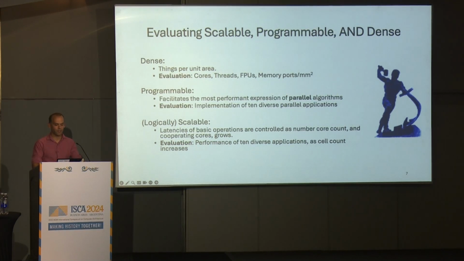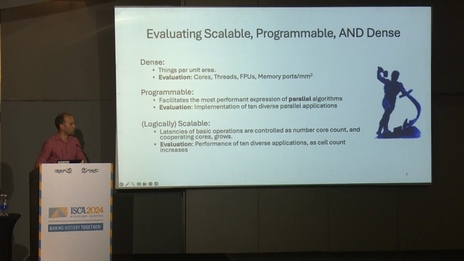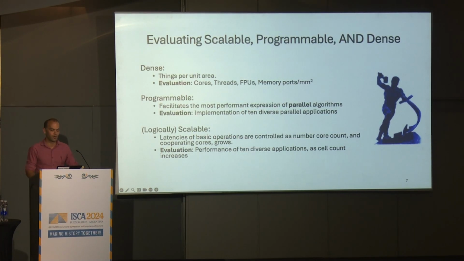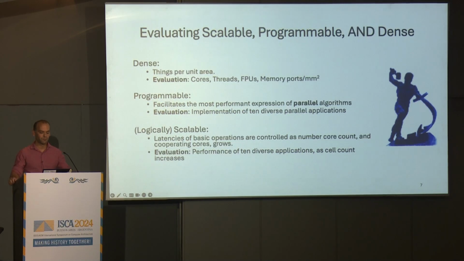How do we evaluate scalable, programmable, and dense? Well, dense is obvious. It's the number of things per unit area. Programmable, in our definition, is the architecture that facilitates the most performant expression of parallel algorithms, not the opposite way around. Now, finally, how do we evaluate scalable?